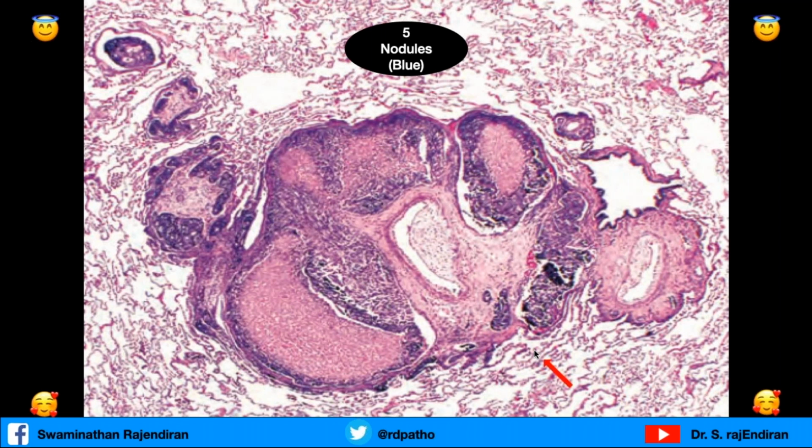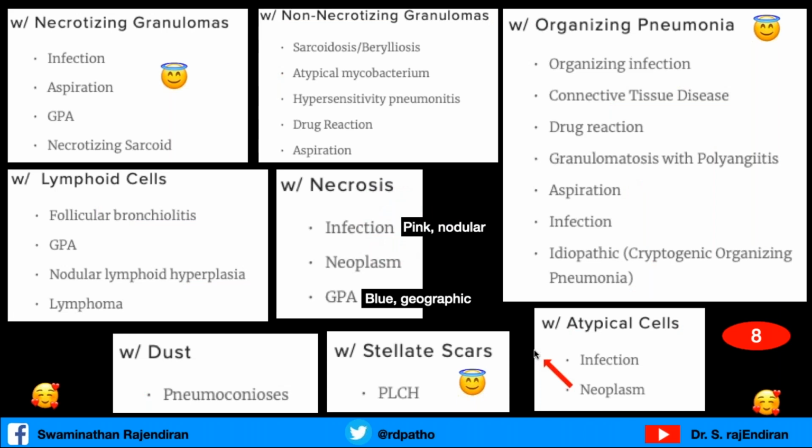Whereas in nodules we get the core biopsies, that you have to remember, because here the lesion is present as nodules, they go for core biopsies. Again, there are 8 subtypes with necrotizing granuloma, with non-necrotizing granuloma, with organizing pneumonia, with lymphoid cells, with necrosis, with dust, with stellate scar, and with atypical cells.